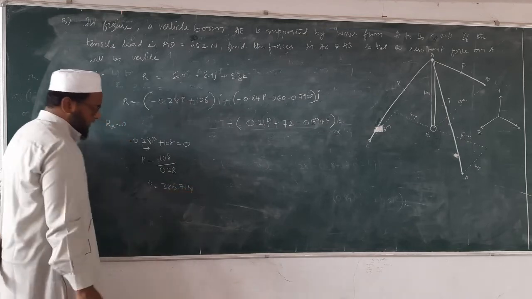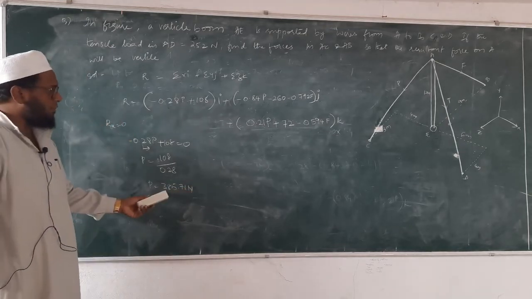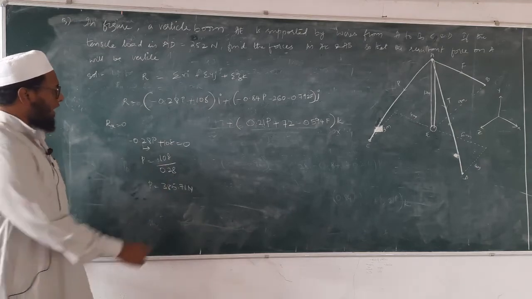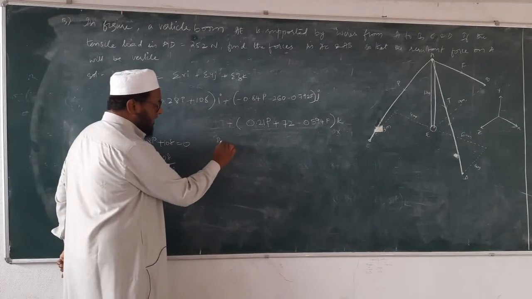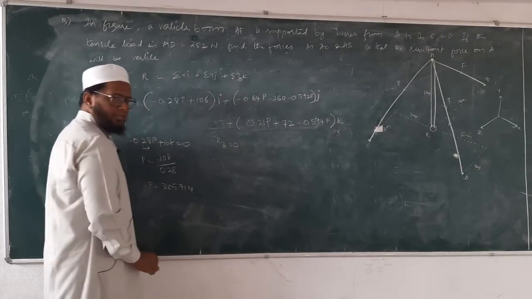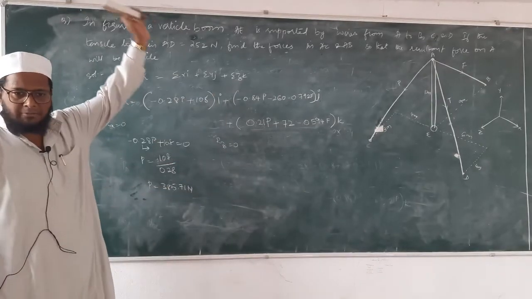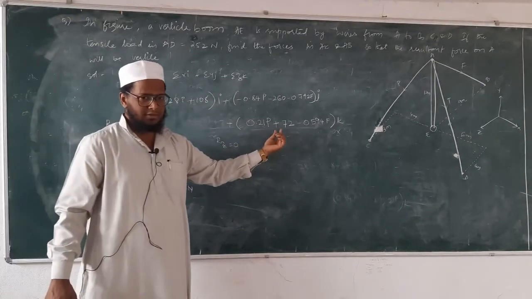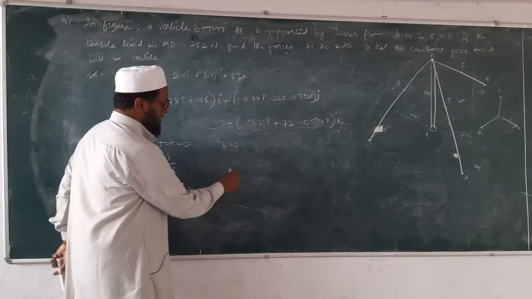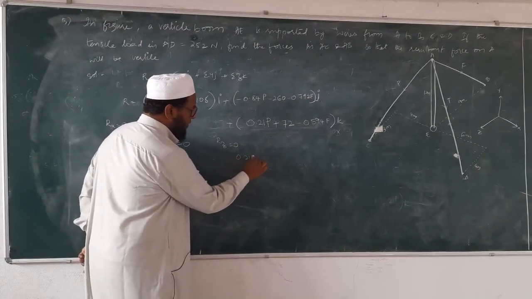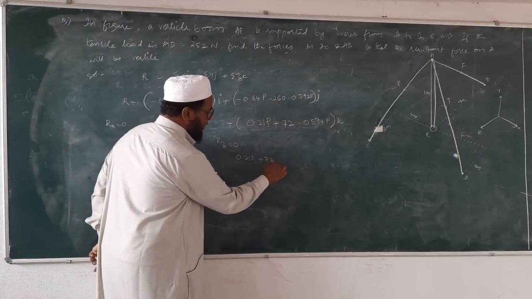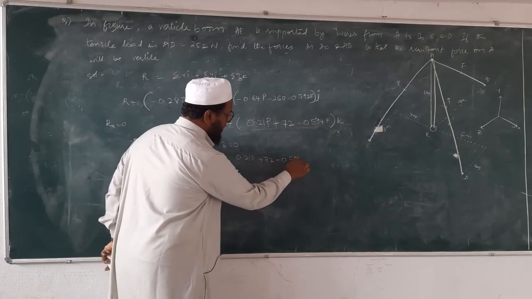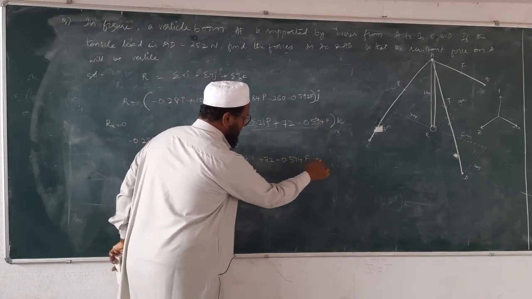385.71 newtons. Okay, once you know the value of P, we know Rz is also equal to 0, right? Why? Because the resultant is going in vertical direction. So Rz means this value. So 0.21P plus 72 minus 0.594 F is equal to 0.